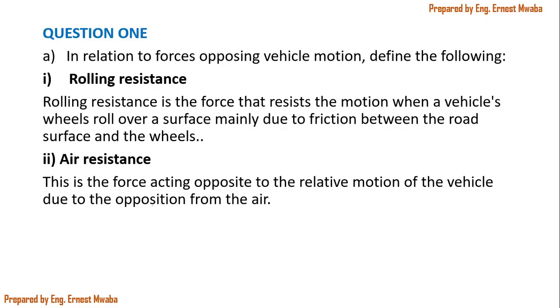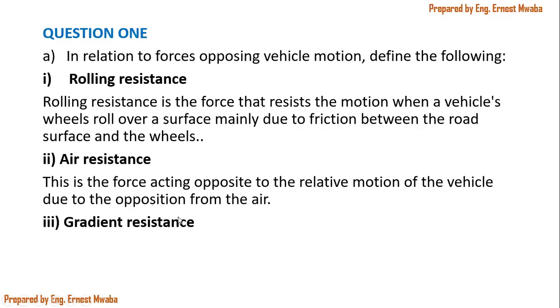If the frontal area is so terribly done that it's not able to pierce through the air without problems, then the air resistance increases. You also notice that for racing cars, the shape, they are practically almost spear-shaped for them to move through the air with less resistance. So that is our air resistance there.